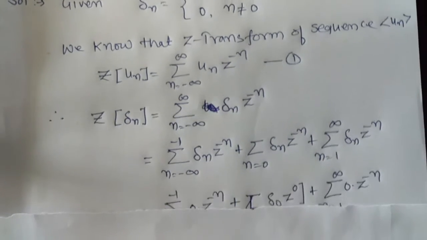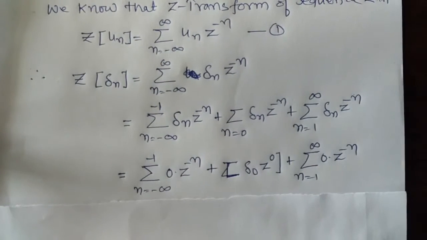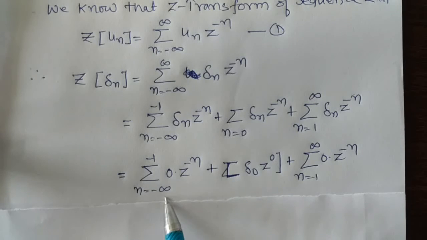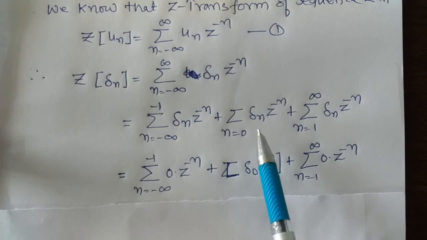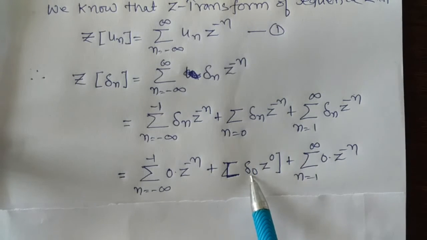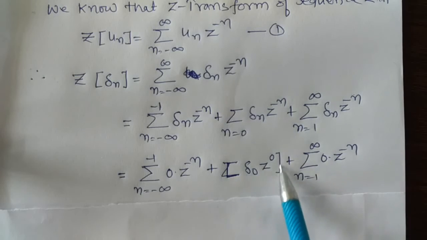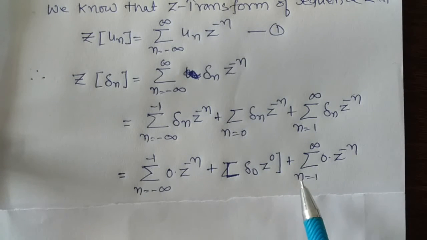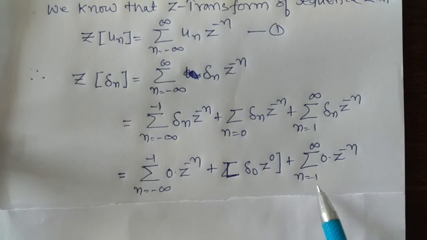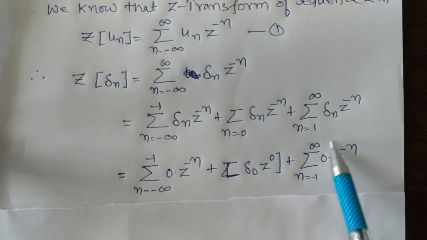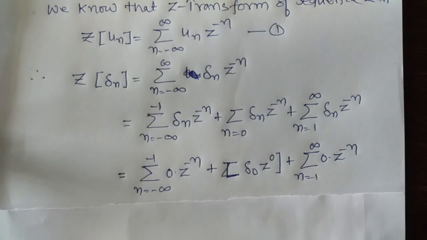So we write: summation n goes from minus infinity to minus 1, the value of delta n is 0 into z power minus n, plus for n equal to 0 we have delta 0 into z power 0, plus summation n goes from 1 to infinity, the value of delta n is 0 because n is not equal to 0 in this range, z power minus n.